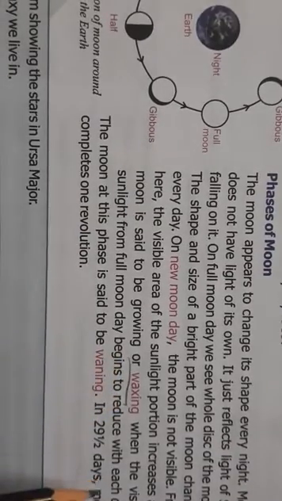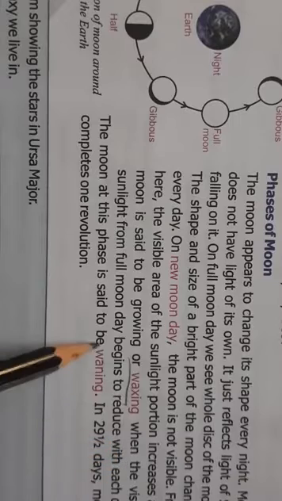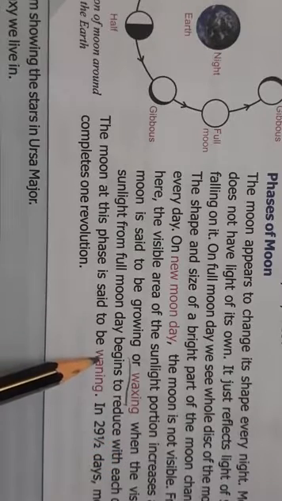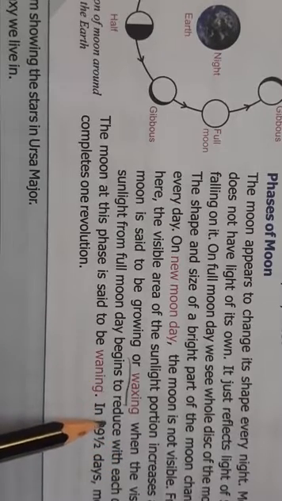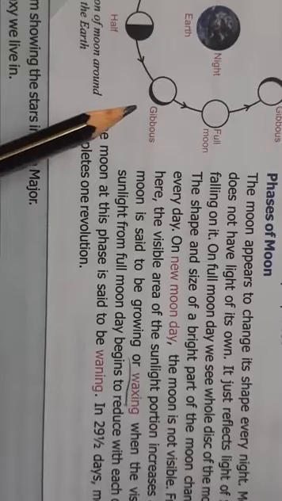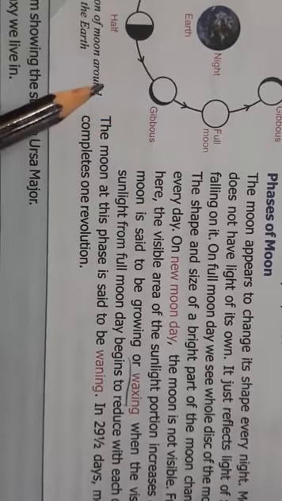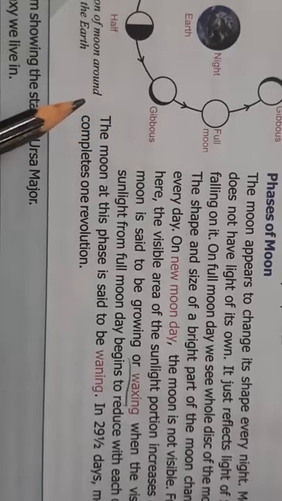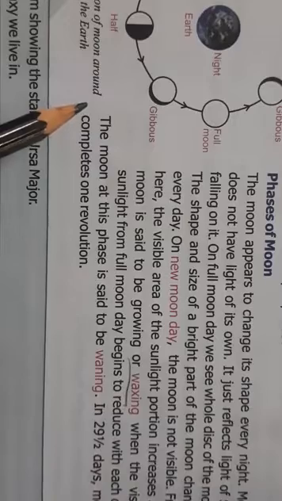And then when the visible sunlight from full moon day begins to reduce with each day, जैसे जैसे कम होता जाता है, so that is called to be waning.